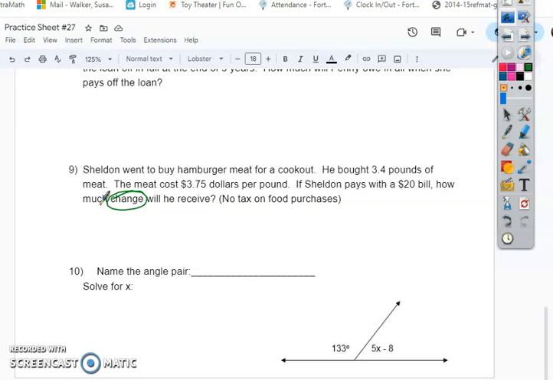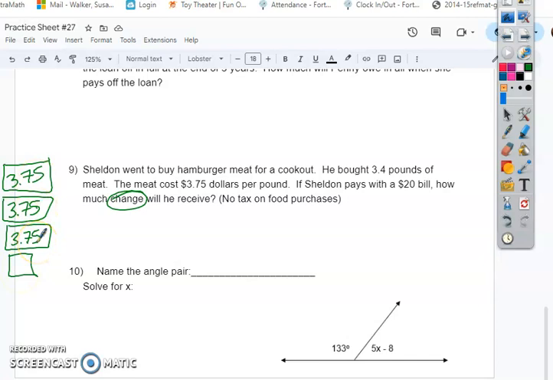So, if Sheldon is buying hamburger meat, so here we have a pound of meat. That meat costs $3.75 for 1 pound. It's way more than that right now. Okay, but I didn't buy one. I bought another one. I bought another one. And then I bought a partial one. Okay, that one I don't know the price. But notice I'm doing repeated addition.